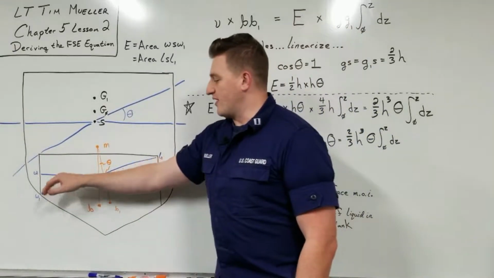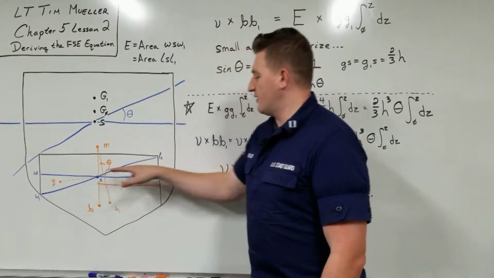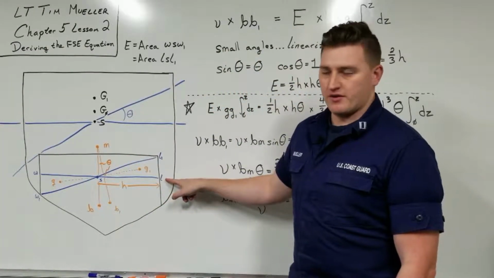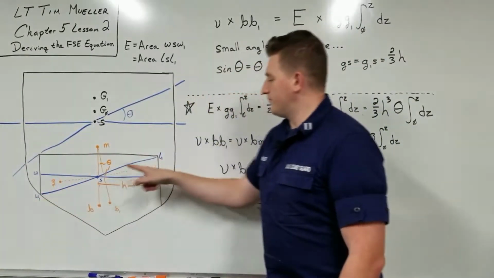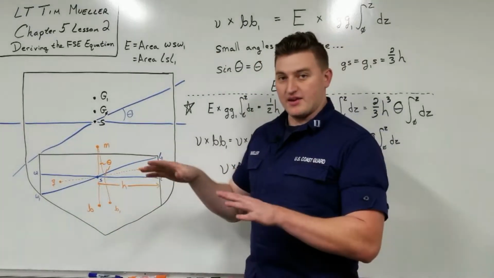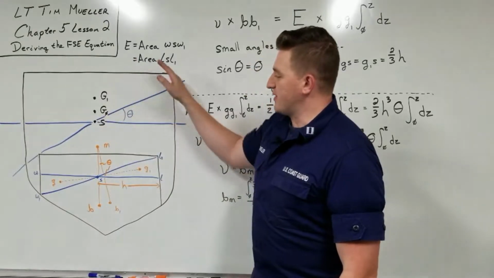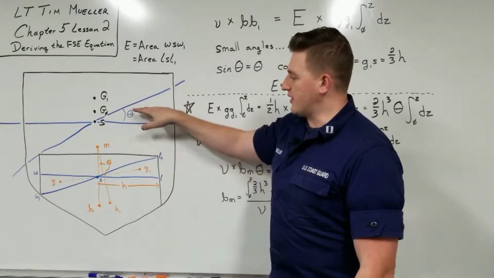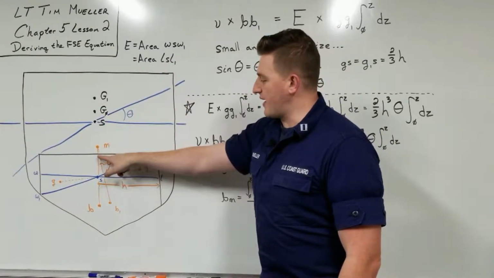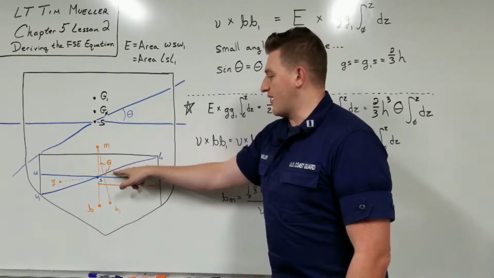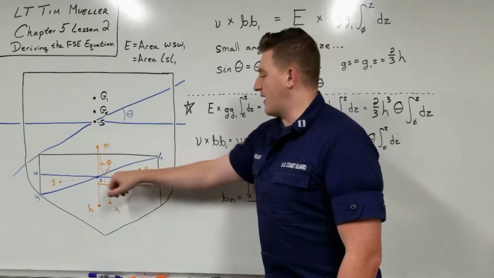So the center of gravity of these triangles moves from here to there. W, L is the original waterline. W1, L1 is that new waterline that we have. And theta, which is the overall inclination of the ship here, is also this angle right here, BMB1, and it's also this angle here, LSL1.